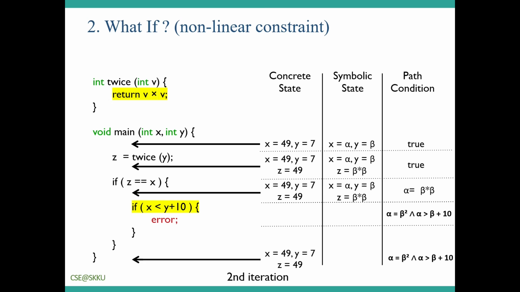And then for the condition if x equals z, since 49 equals 49, we take the true branch, and we update the path condition as alpha equals beta times beta.